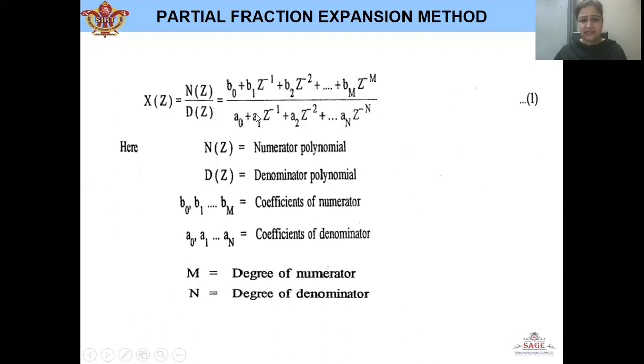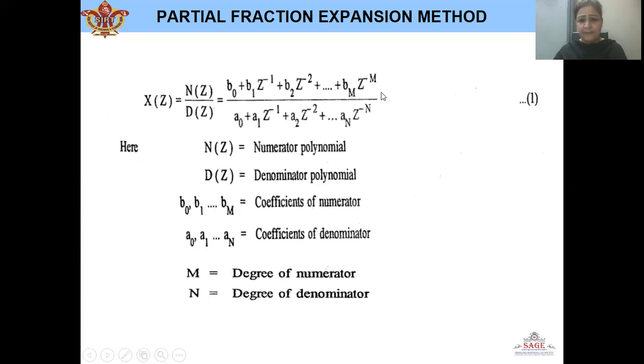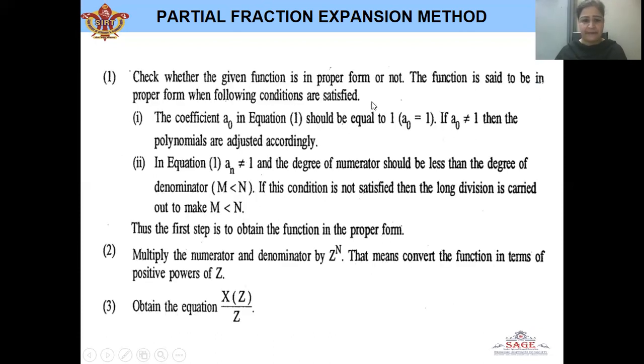That means here a0 should be equal to 1. This is the first condition for this rational function to be in proper form. And the second condition is that an should not be equal to 1 and the degree of the numerator should be less than the degree of the denominator, that is, M should be less than N. That is, the degree of the numerator should be less than the degree of the denominator, which is capital N.